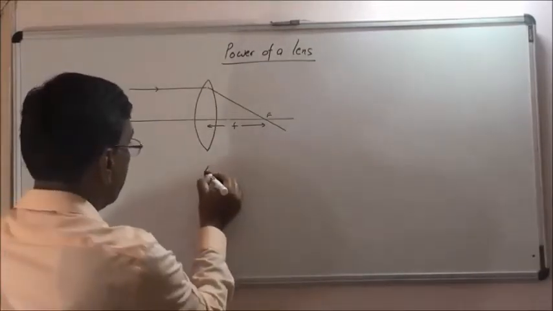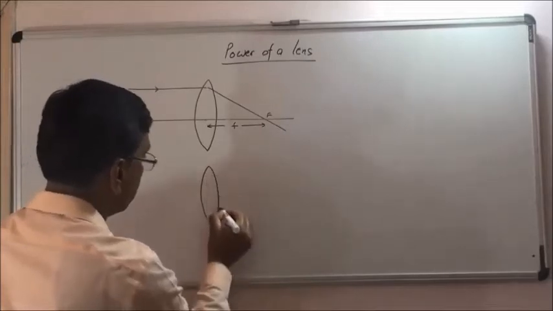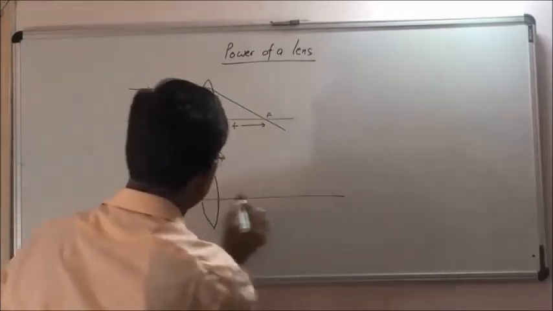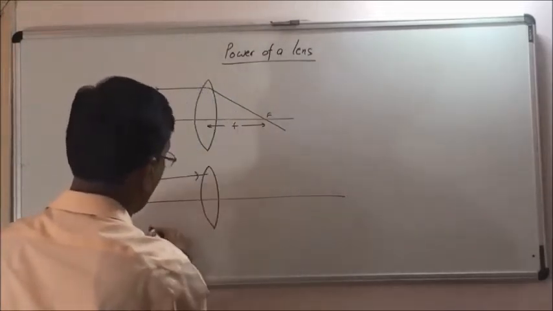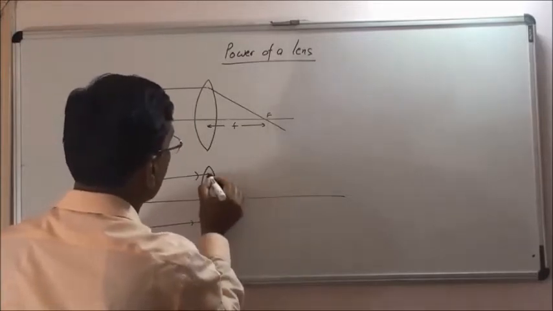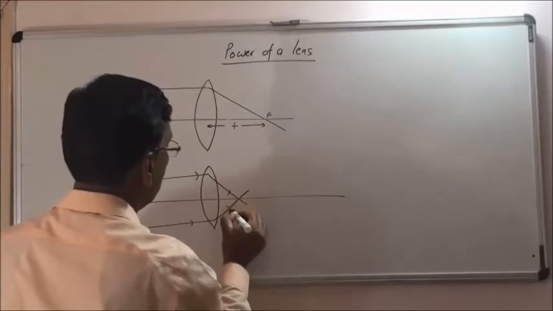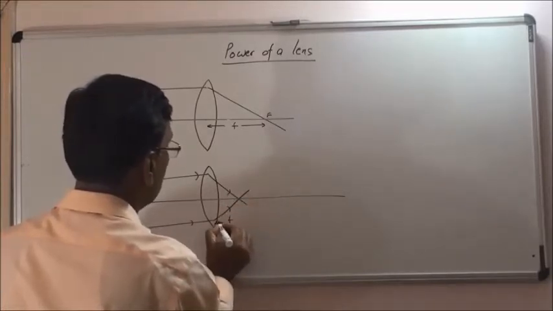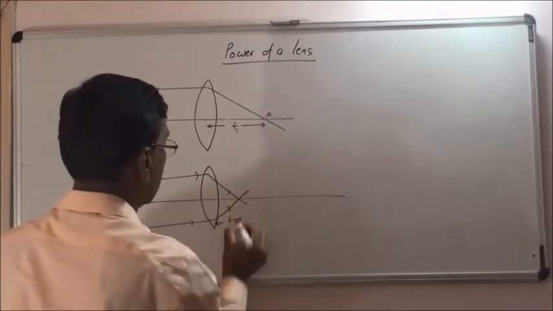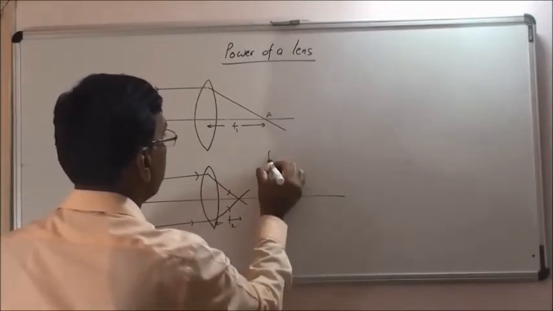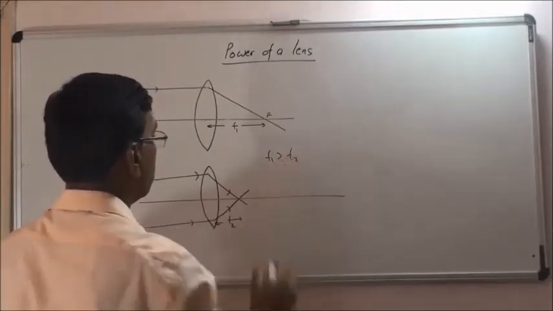Now, if we take two lenses, the focal length is this only, we can call it f1, f2. So f1 is more than f2.